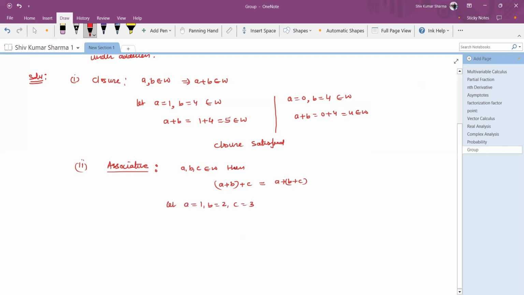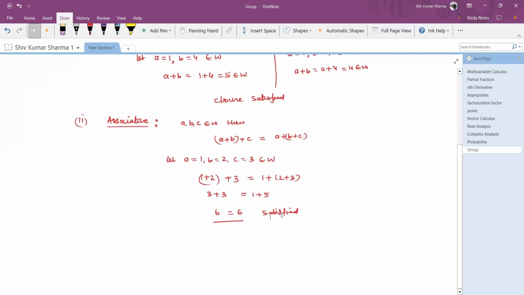You can take any values as a, b, c. So (1 plus 2) plus 3 is equal to 1 plus (2 plus 3). First we solve the bracket: 3 plus 3 is equal to 1 plus 5. That means 6 equals 6. Satisfied. So this property is also satisfied, and associative is always satisfied.